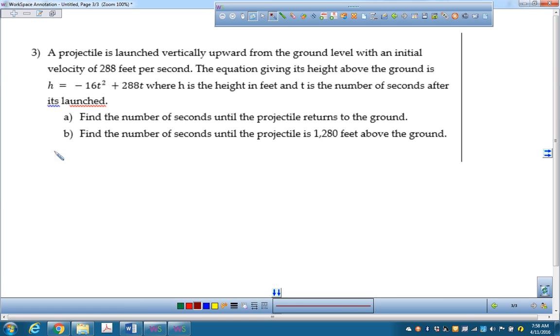I would kind of draw a little graph to see what you're talking about. A projectile is launched vertically upward from the ground level at an initial velocity of 288 feet per second. That's that, okay? This is gravity again, pulling that rocket back down, where h is the height in feet, and t is the number of seconds after it's launched.